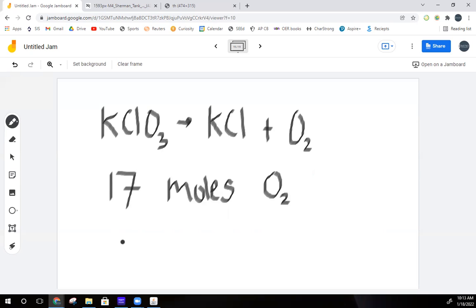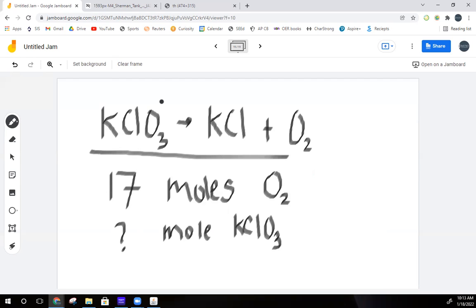So you need to solve for the number of moles of potassium chlorate. Moles of KClO3. Again, you need to balance this equation.